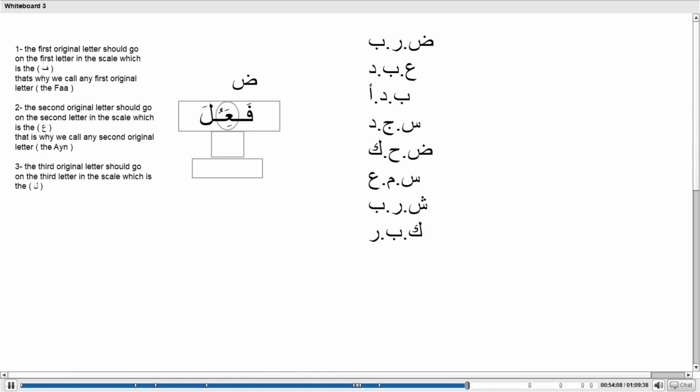And that is why we call any third original letter, what do we call it? See? Third original letter, we call it the lam. Is that clear?